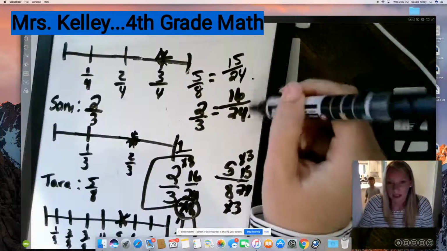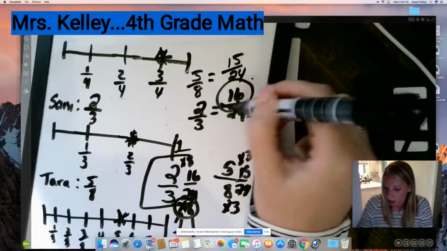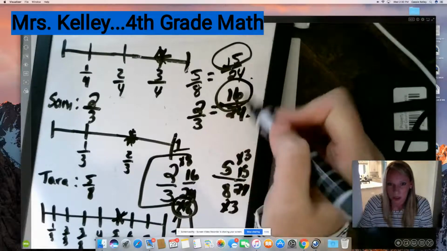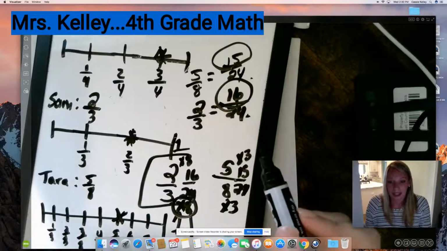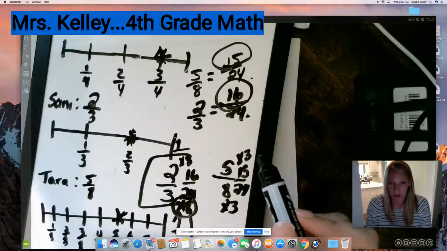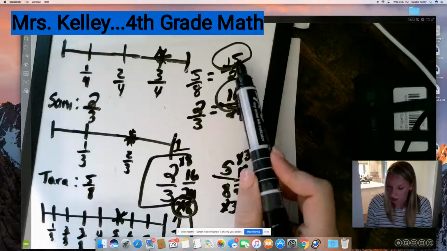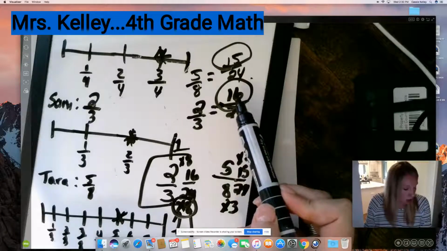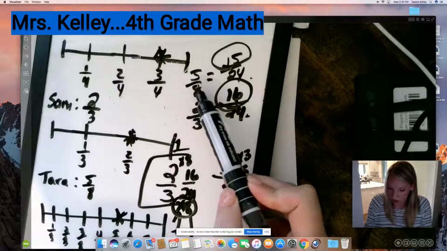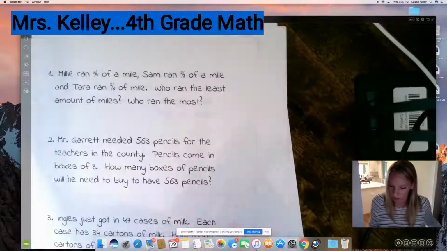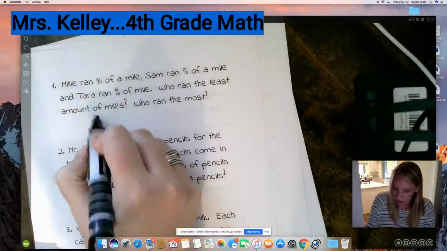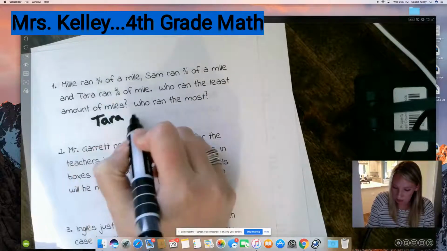Now they have the same denominators. I can look at their numerators and tell which one is bigger. So the person that ran the least amount, the shortest distance, is 15, because it's smaller than 16, which is 5/8. So Tara ran the least.